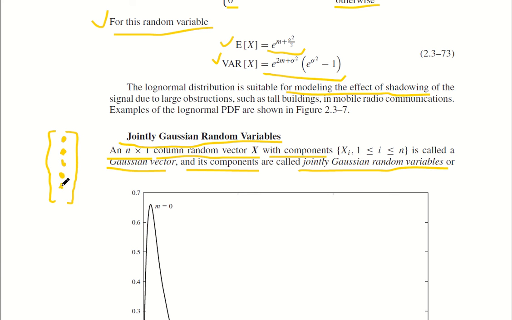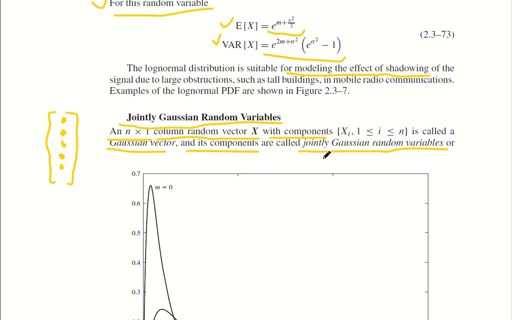So we are supposed to imagine a random vector as a column vector where all its elements are random variables. And of course in this case it's even more well defined by Gaussian.